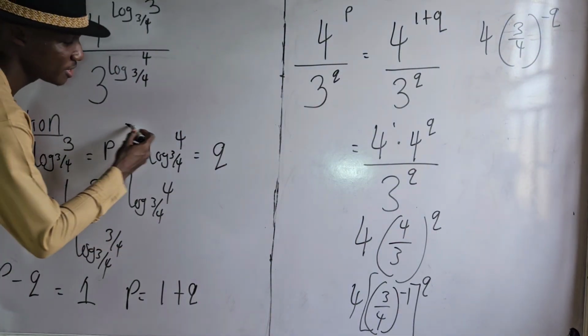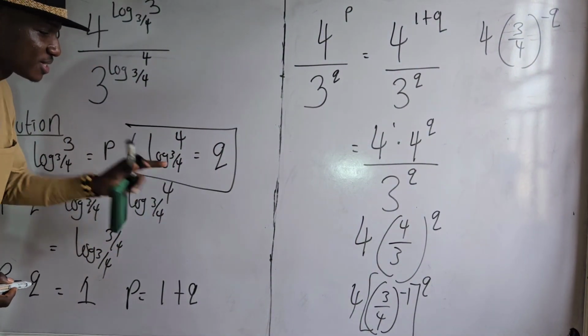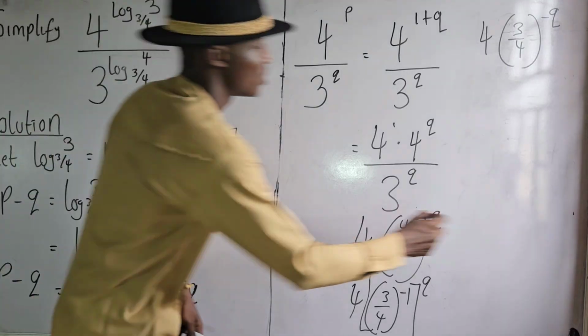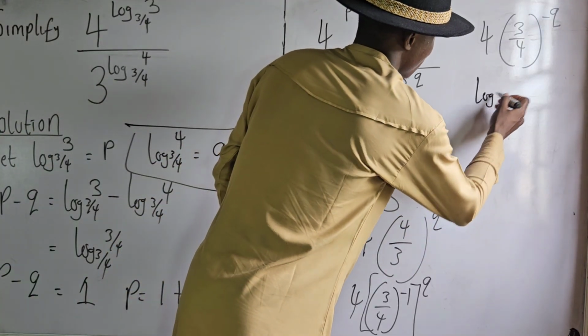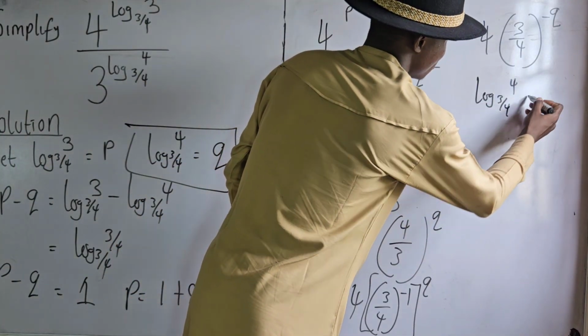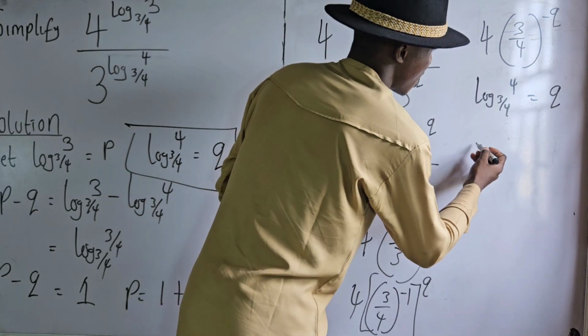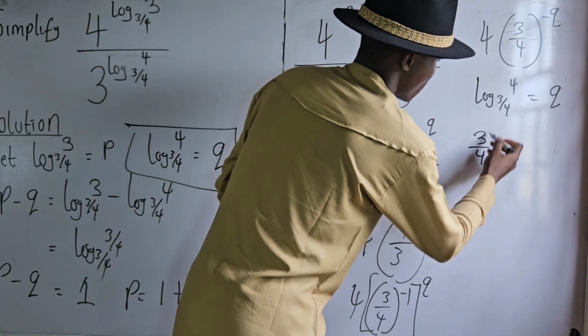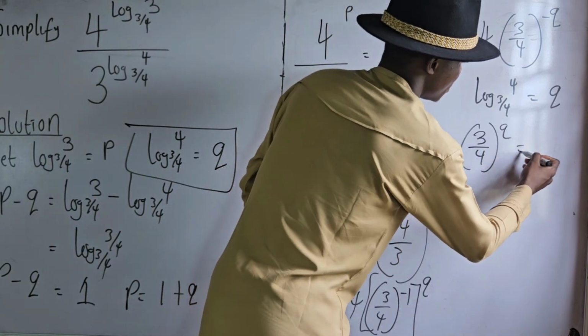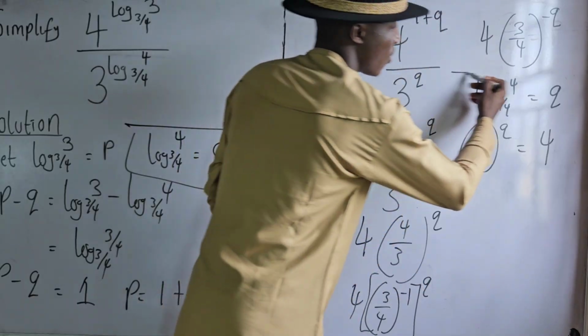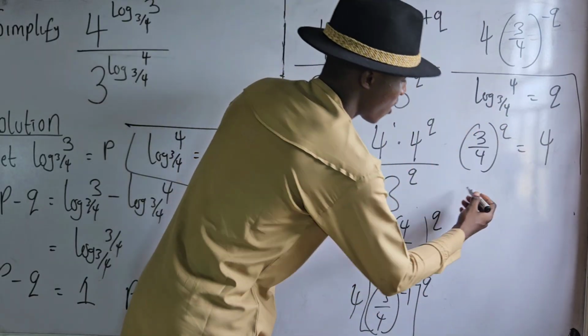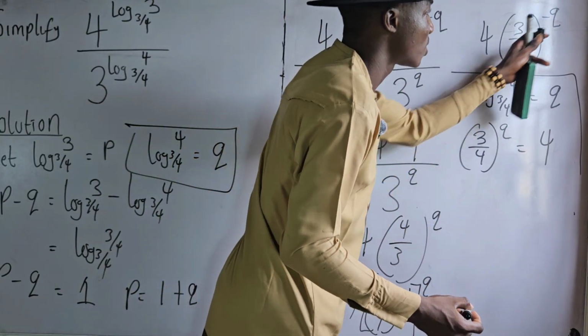So now, recall that we have log 4 base 3/4 equals q. Here I'm going to have (3/4) raised to the power of q equals 4, right? From this log. Now, recall, I'm having (3/4) raised to the power of negative q.